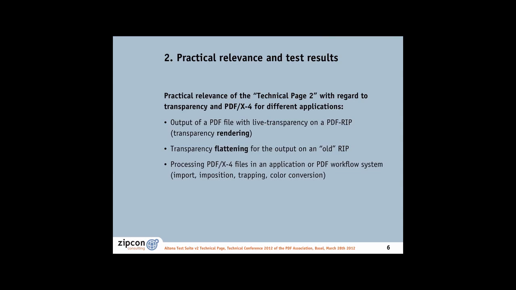Another thing is processing PDF/X-4 files in some applications or production workflow environments. So starting with just importing or placing a PDF/X, say an ad, on a page that is going to be printed somewhere else. So it's easy things like that, as well as processing PDF/X-4 files in an output environment where they are just imposed and trapped, and they may have some color conversions.